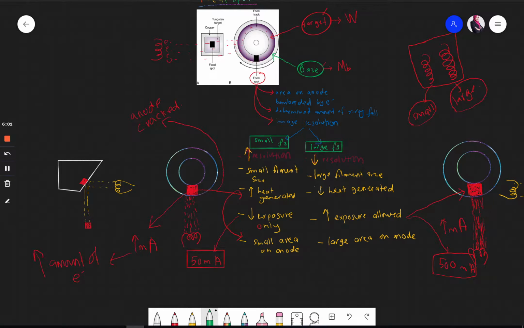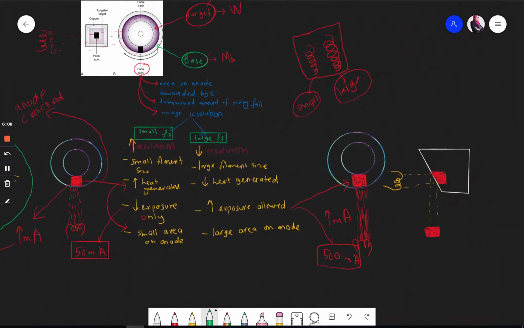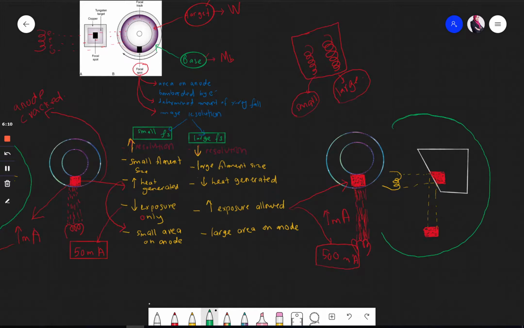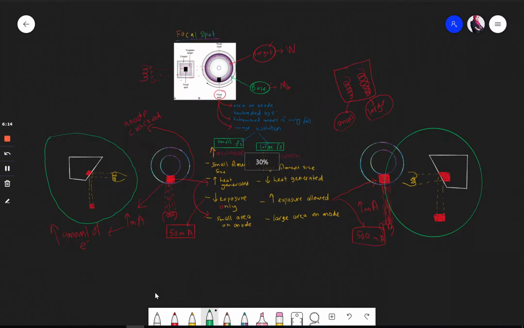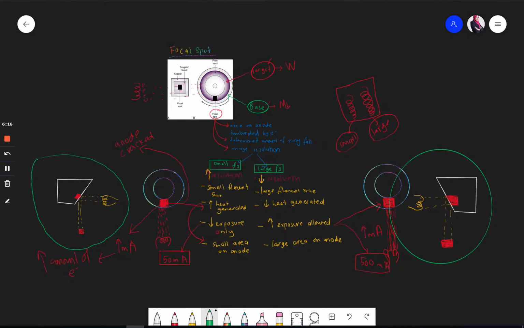So, let's take a look at this diagram. I'm going to compare these two diagrams. Let's say this is the filament electron.